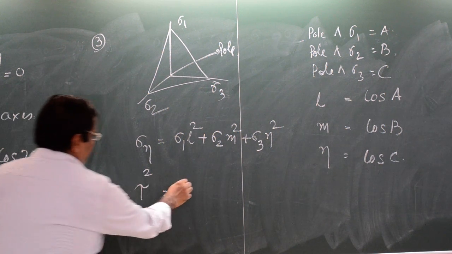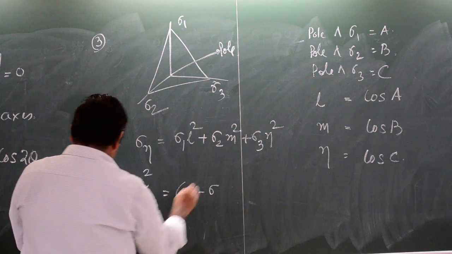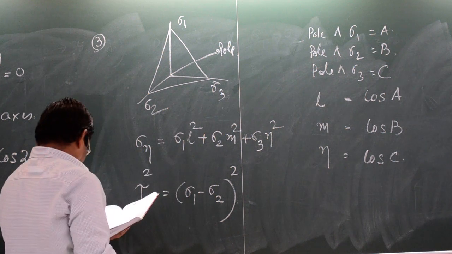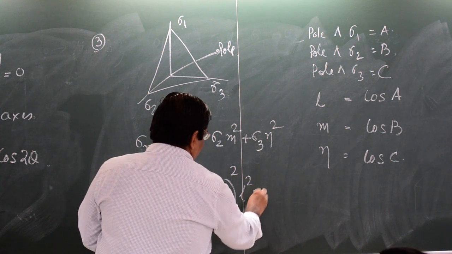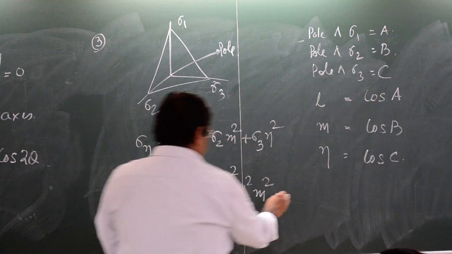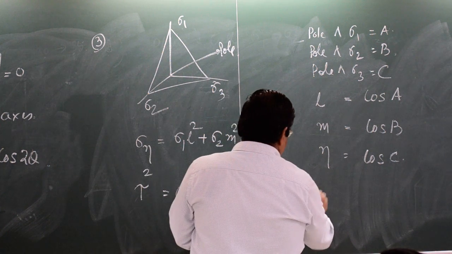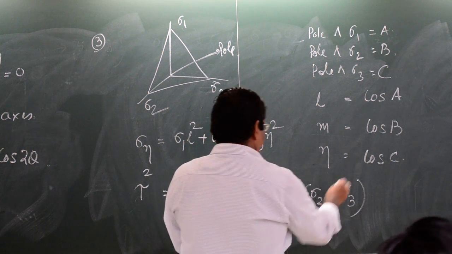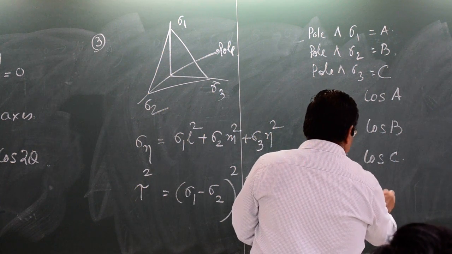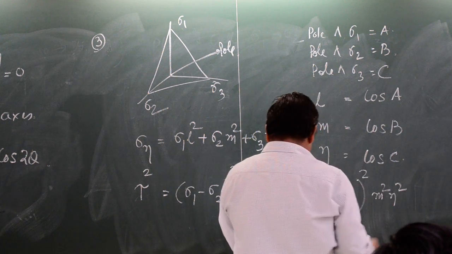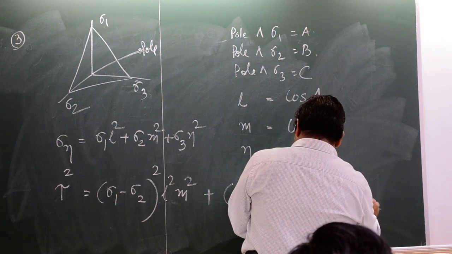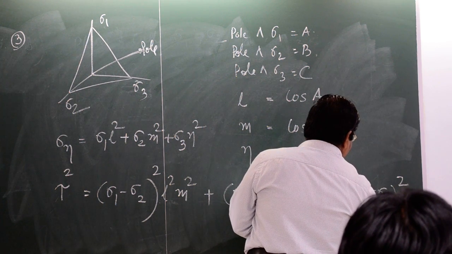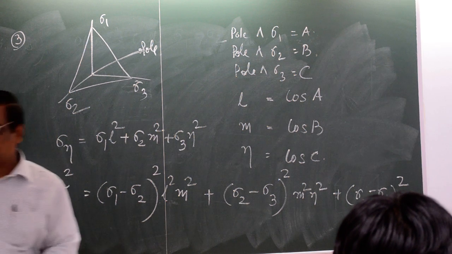Tau square equals sigma 1 minus sigma 2 square into l square m square, plus sigma 2 minus sigma 3 square m square n square, plus sigma 3 minus sigma 1 square n square l square. Very easy formula, कोई problem नहीं.